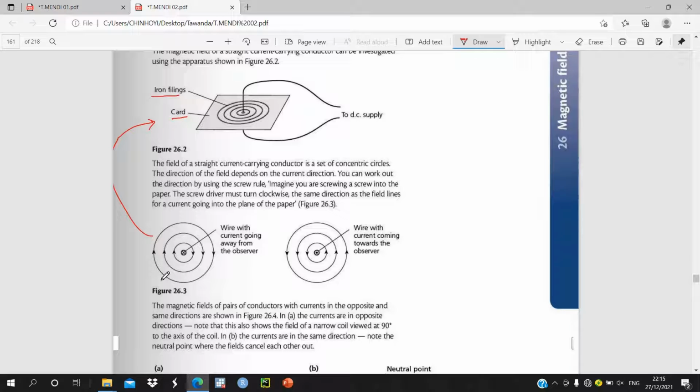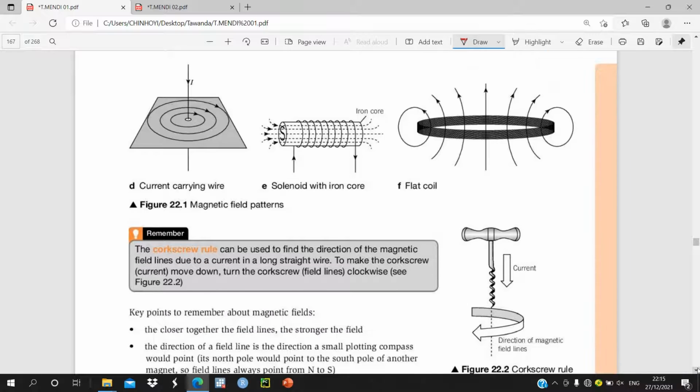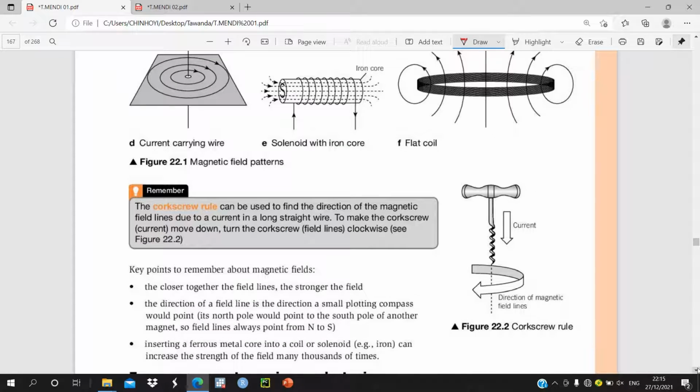Usually we determine the direction using what you call the screw rule. As you can see, the screw rule is demonstrated here. Sometimes they refer to it as the corkscrew rule. It can be used to find the direction of the magnetic field line due to the current in a long straight line.